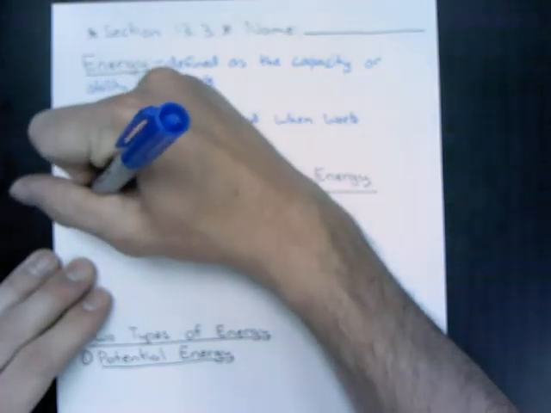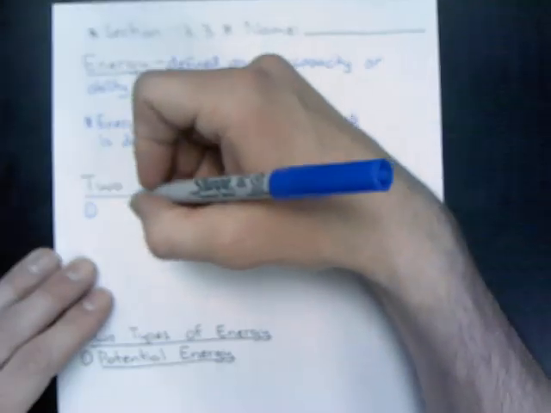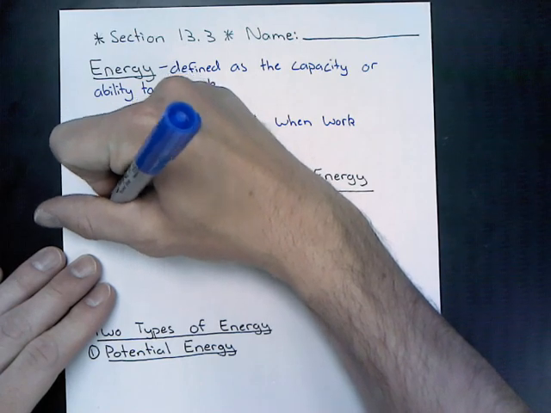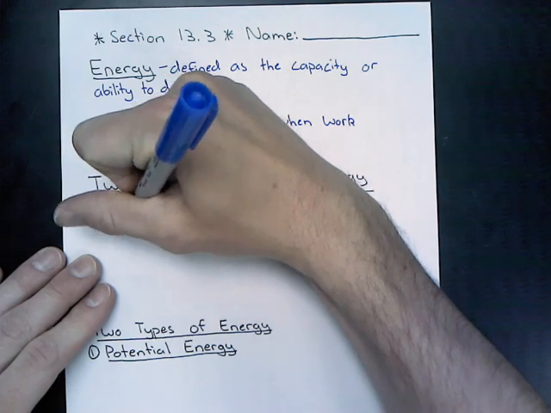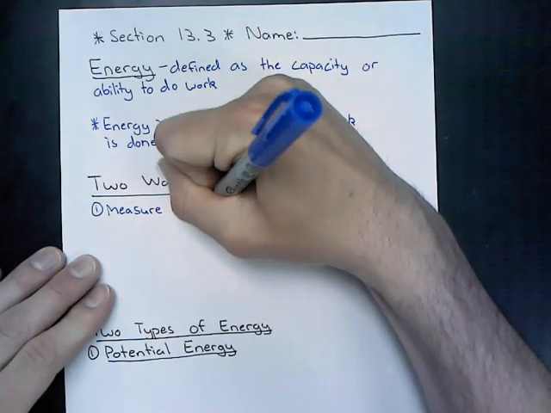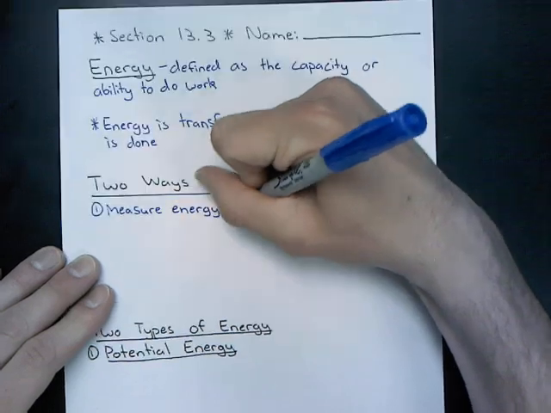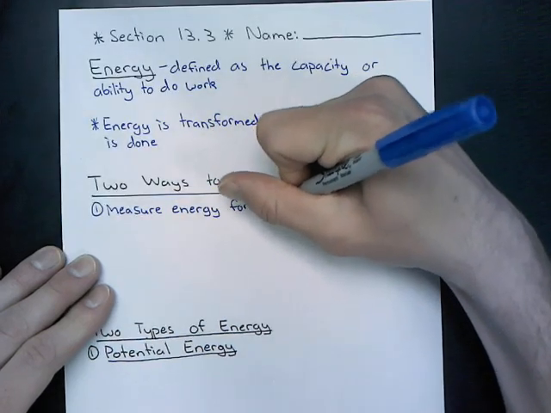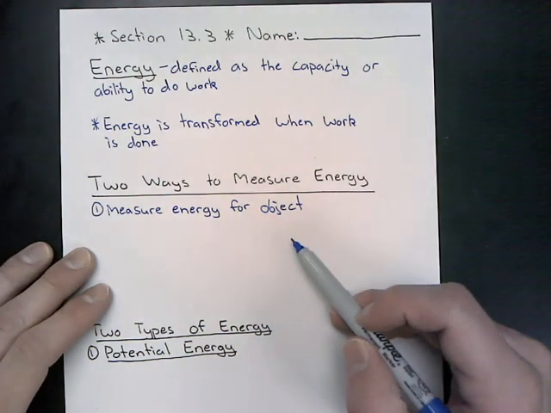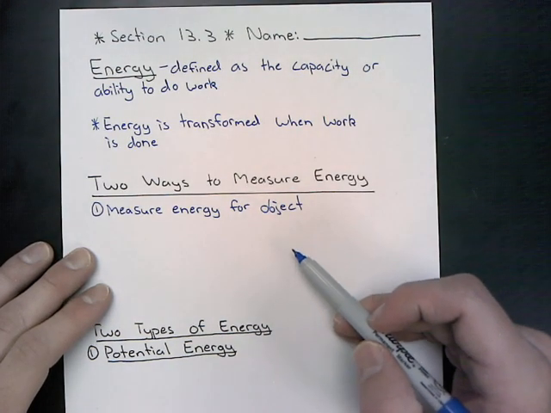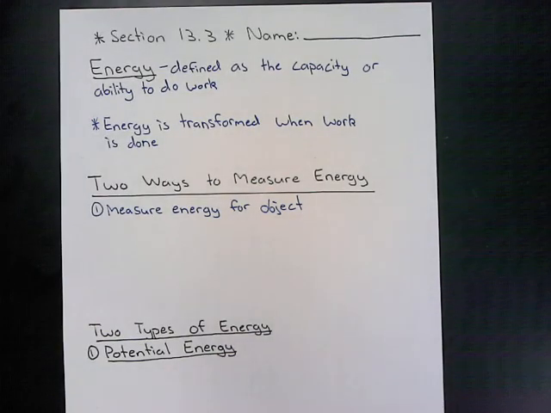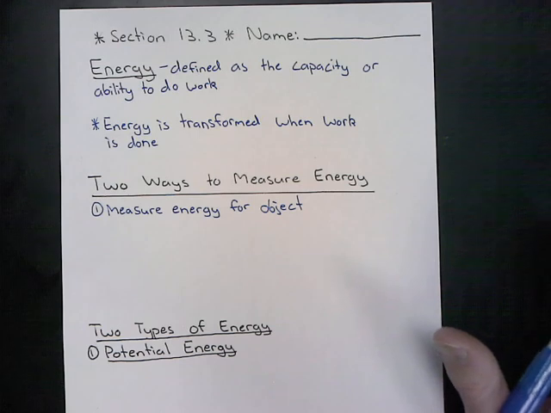Number one, we can measure energy for an object at rest. We're going to learn that this measurement of energy for an object at rest is eventually going to be potential energy or energy of position.